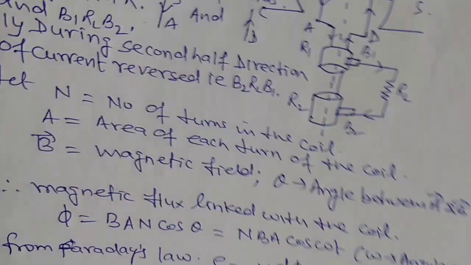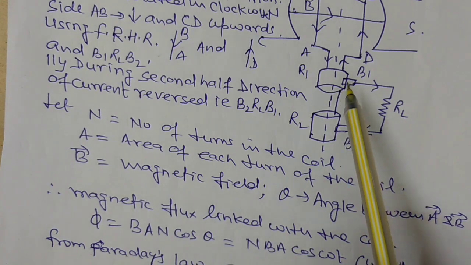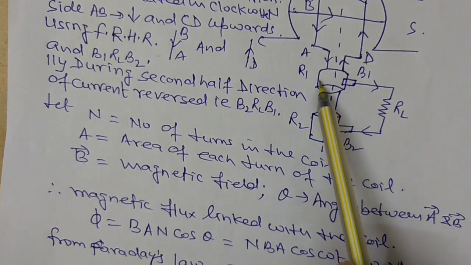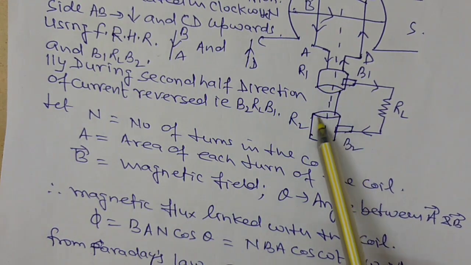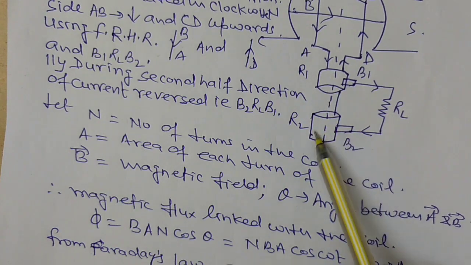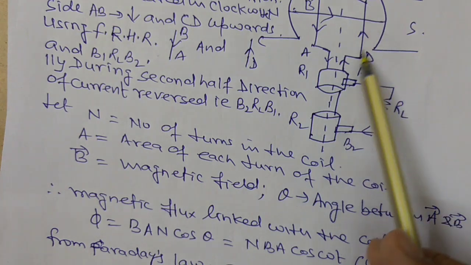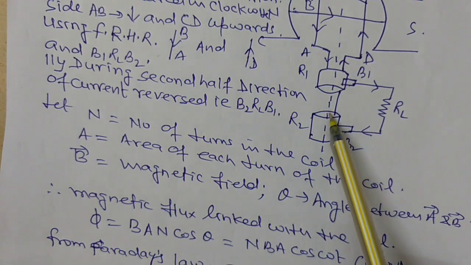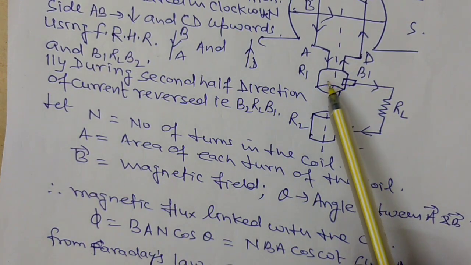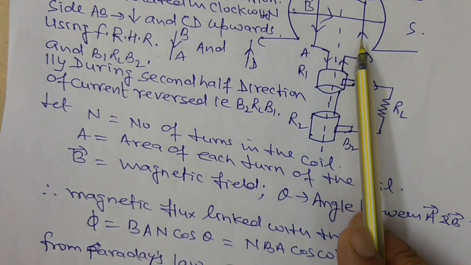Here, two slip rings, R1 and R2, are attached with this armature coil's ends, and these two slip rings rotate with the armature coil.